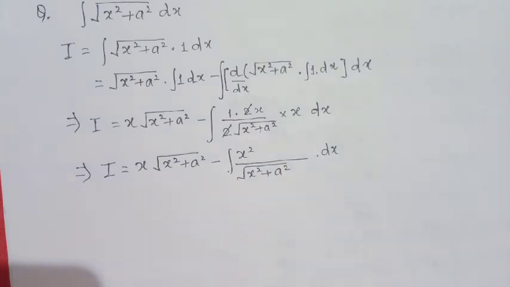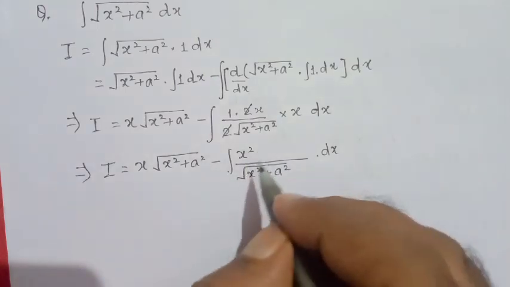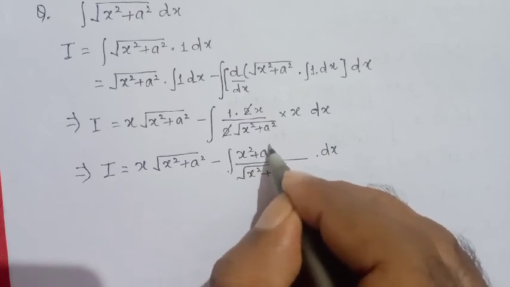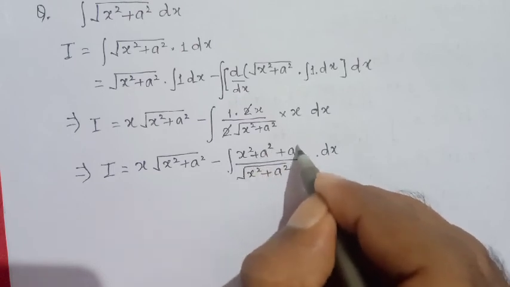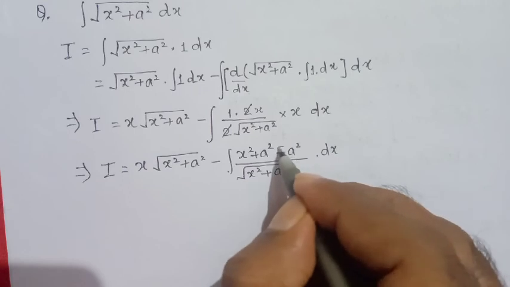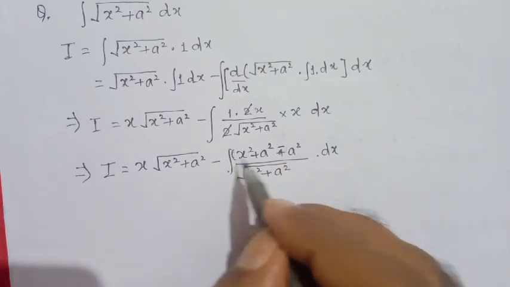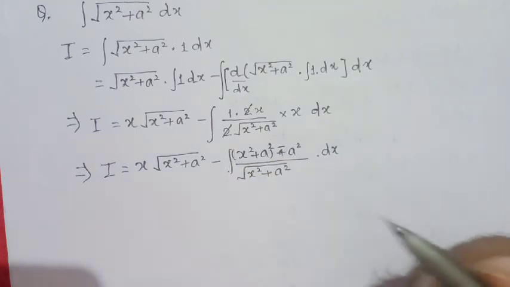Again add a square and subtract a square, then separate just like the previous problem. Add and subtract a square and then separate it into two integrals.